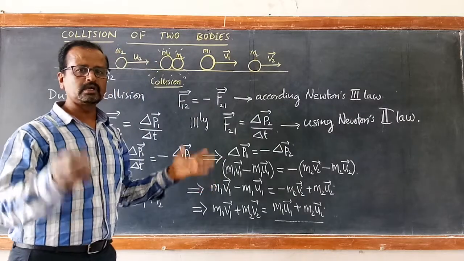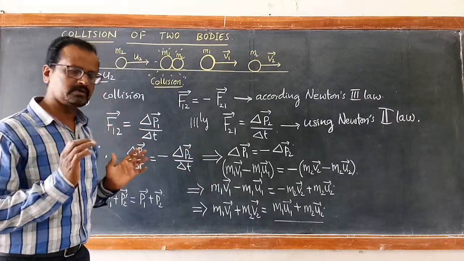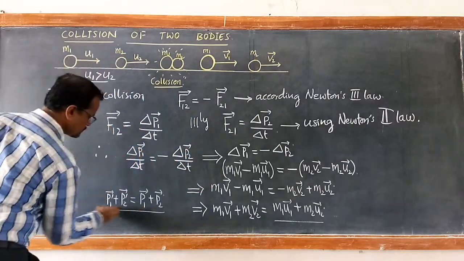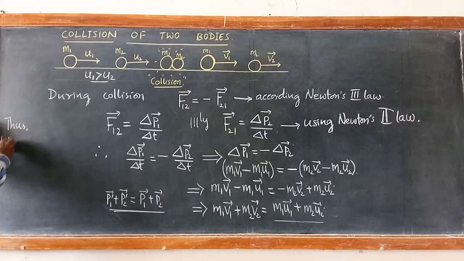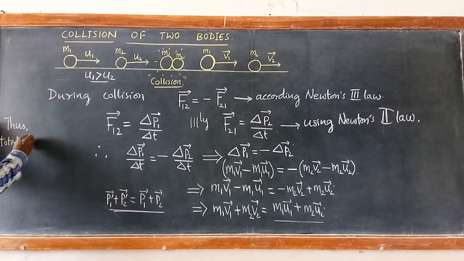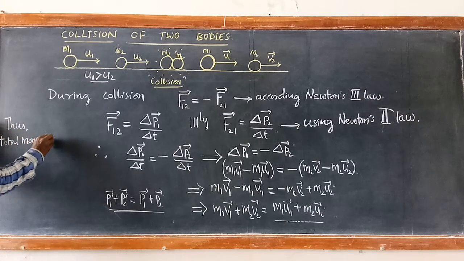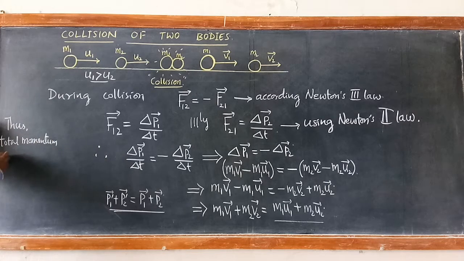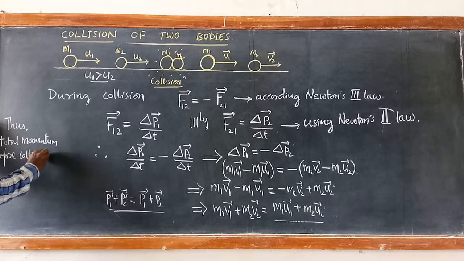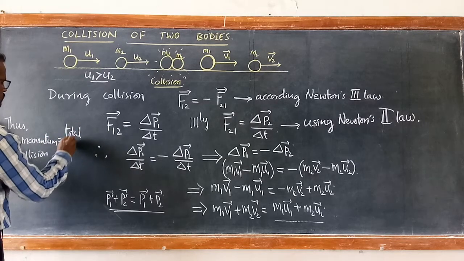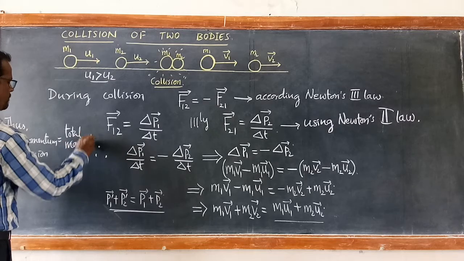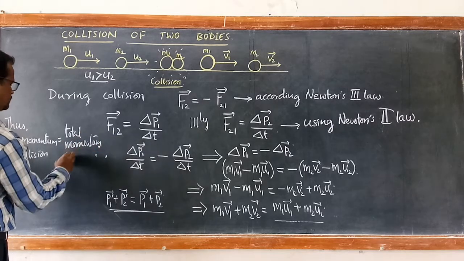Thus, total momentum of the system remains conserved. That's how we establish. Thus, total momentum before collision becomes equal to total momentum after collision.